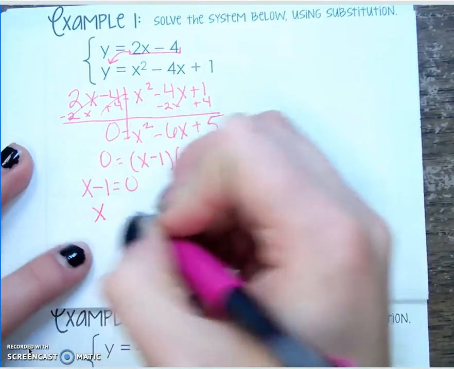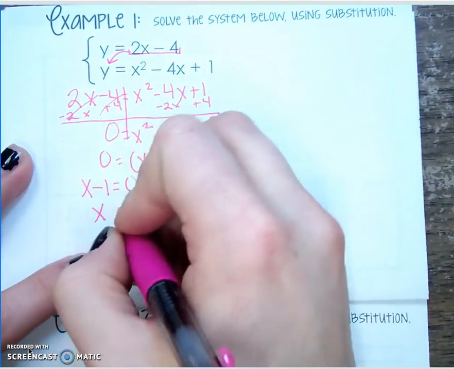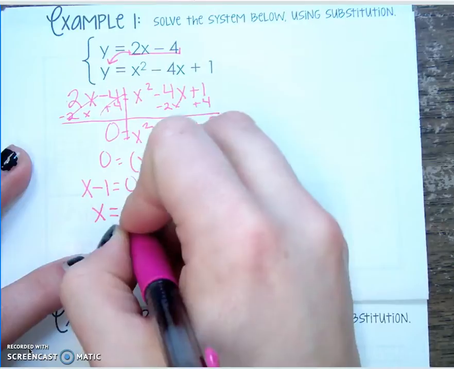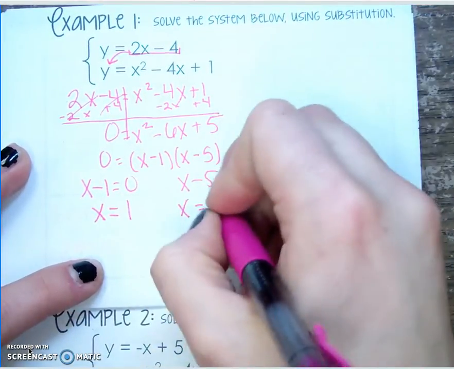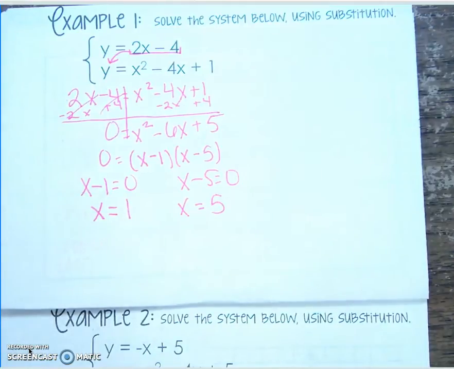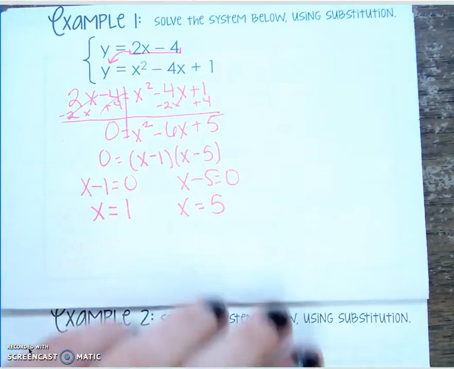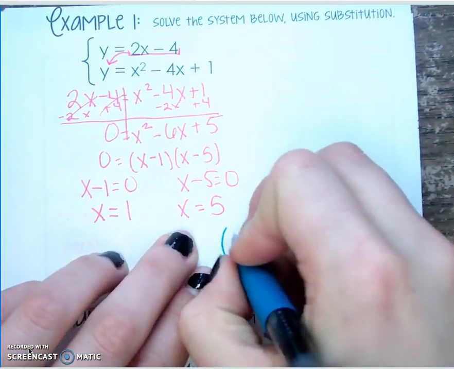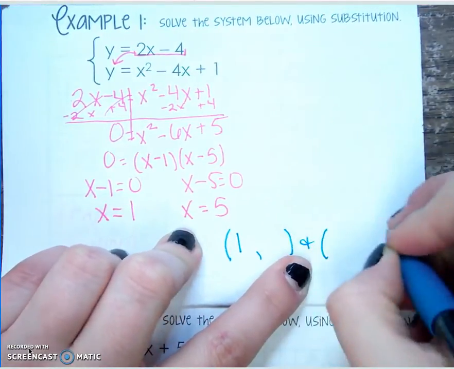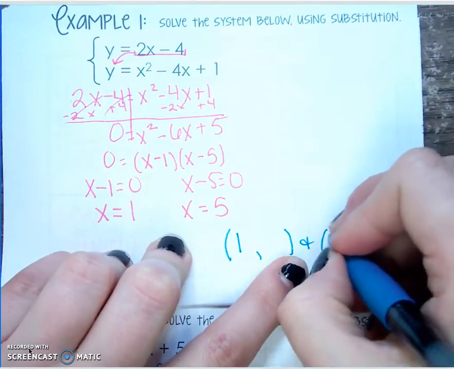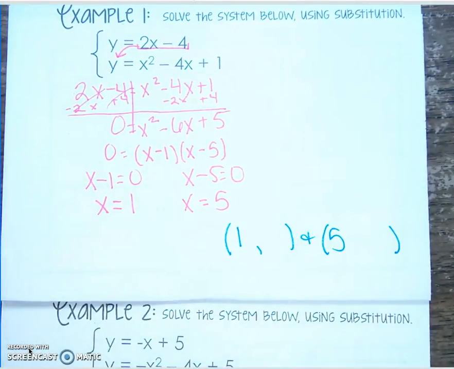So for my x values, I'm going to add 1 and this x value will be 1, and the other x value will be 5. That's the first step in finding the solutions to those points.